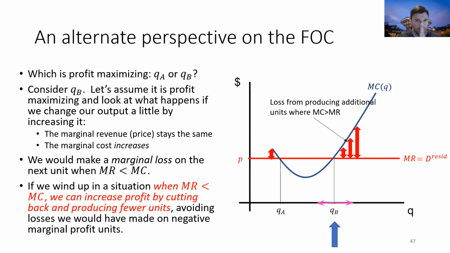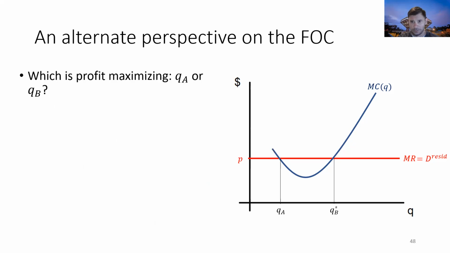Hey, by the way, if you go to the left of QA, you will also make losses on those units at the margin as well. So going from 0 to QA, your profit's going down, down, down. Then you get to QA. And if you start going past QA, then you pick up that green region, which brings your profit back up. So we've argued here, I think pretty reasonably, that Q star has to correspond to QB in this situation.